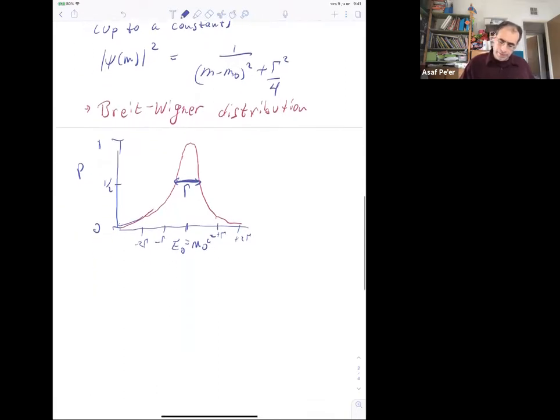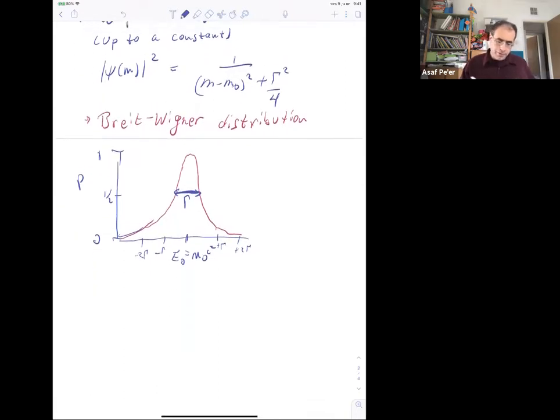So the several properties that it picks at M0: the width is gamma. The particle lifetime tau is 1 over gamma.